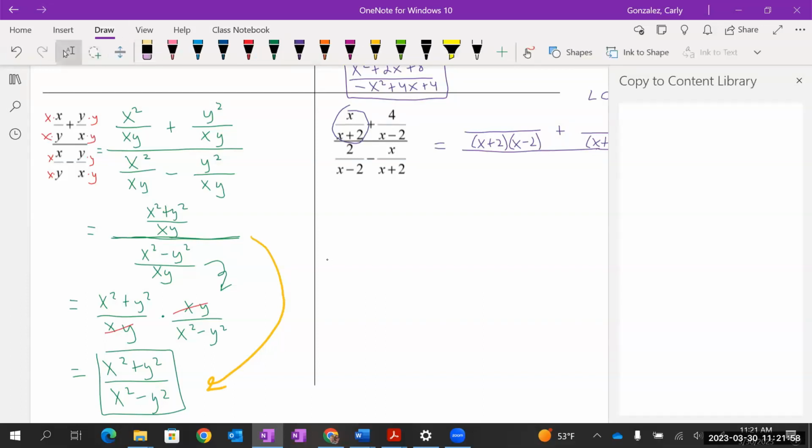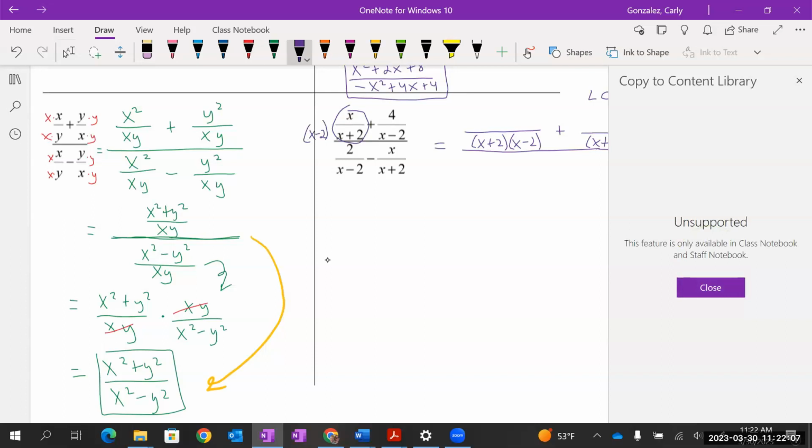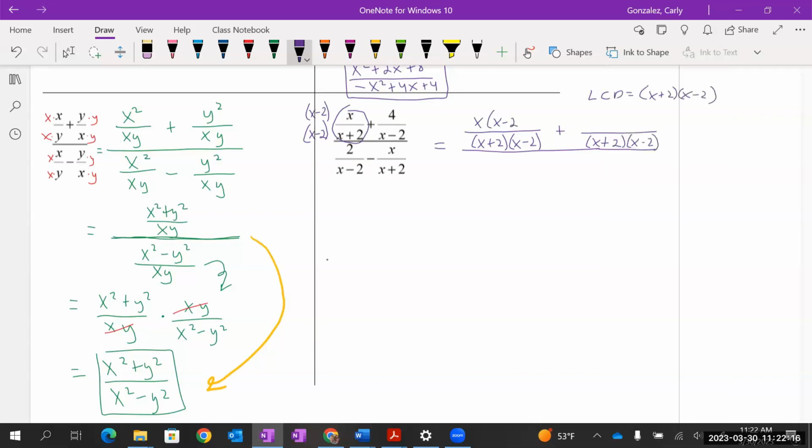So on the top, I get that x minus 2. And on the top right, I already have an x minus 2. So now I'll multiply top and bottom by an x plus 2. So I got that 4 times x plus 2.